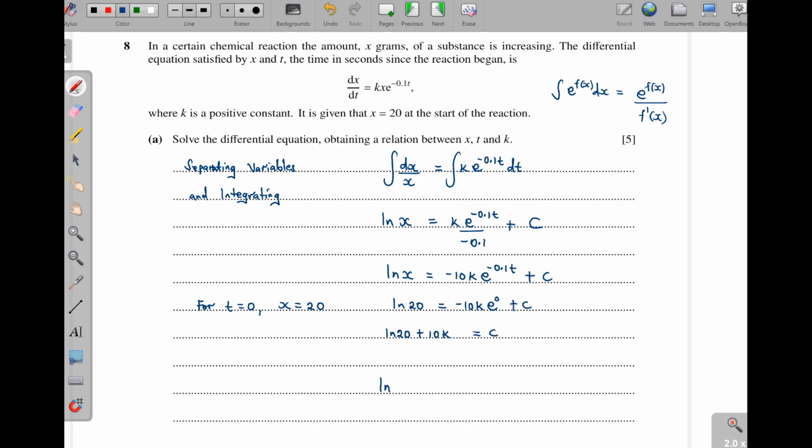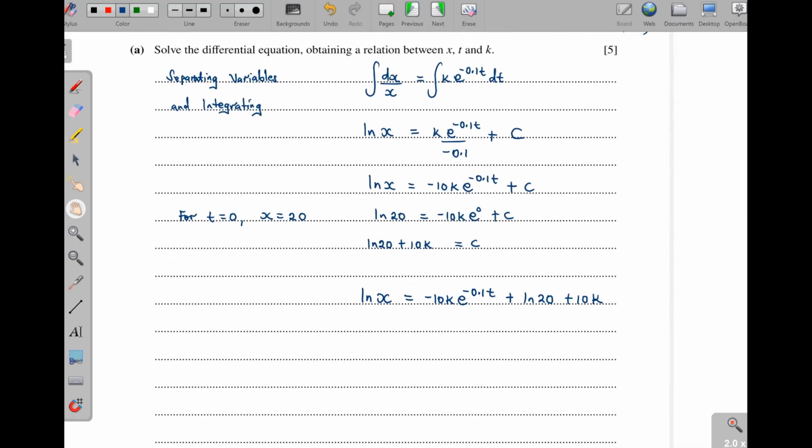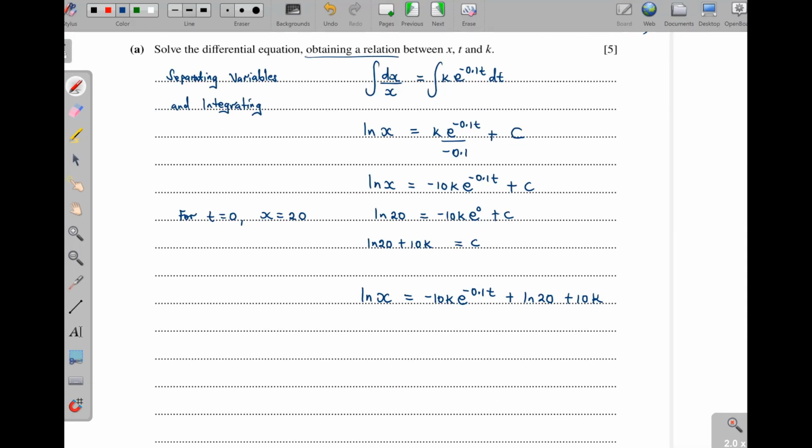So therefore, our particular solution is natural log of x, which is equal to negative 10k, then e to the power of negative 0.1 of t, and then plus, this will be natural log of 20, then plus 10k. Okay, so they said obtaining a relation between x, t and k. I can even leave it there, but I can simplify it further.